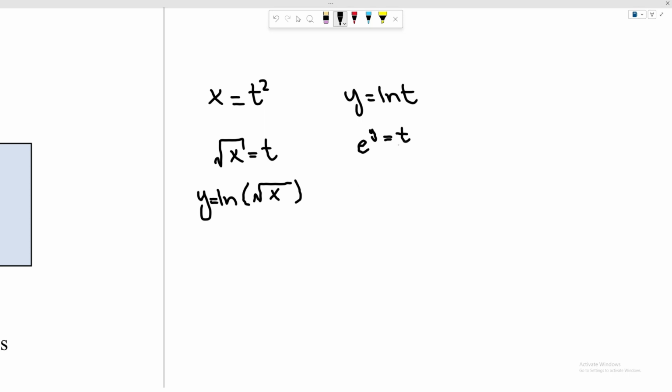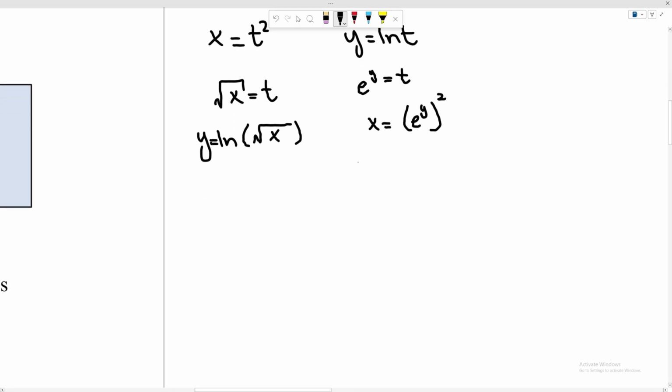And what you can do here is sub that into there. So now I'll have x equals e to the y, to the 2. And so you can actually go from here to here. So these are the same thing.